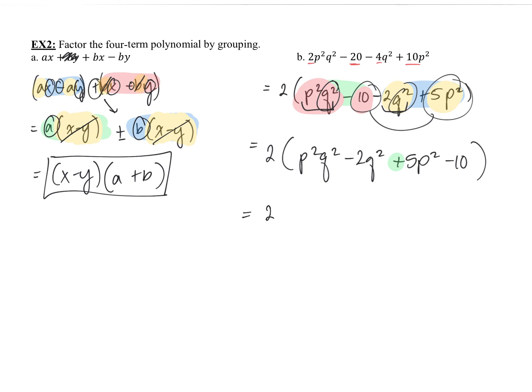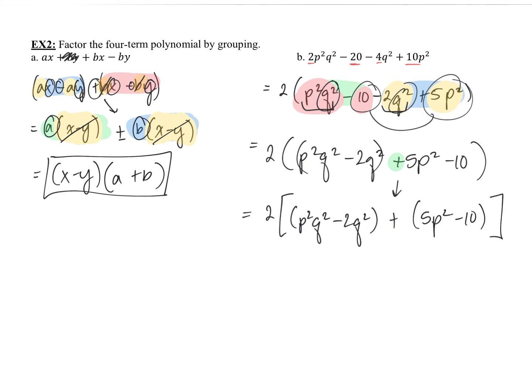So then we have 2, and let me go ahead and group. So we have p squared q squared minus 2q squared, bring down that plus sign, and then 5p squared minus 10. Okay, so now I have finally done the grouping. I had to do some rearranging. How did we know how to rearrange? Find the terms that have similar items in them.